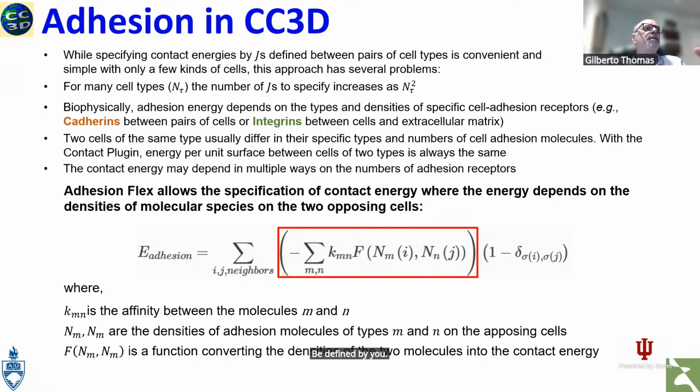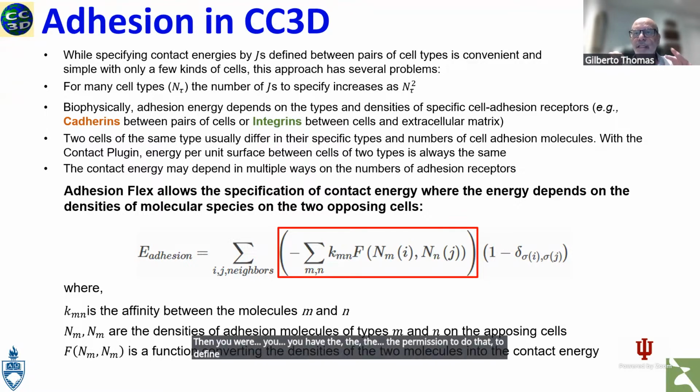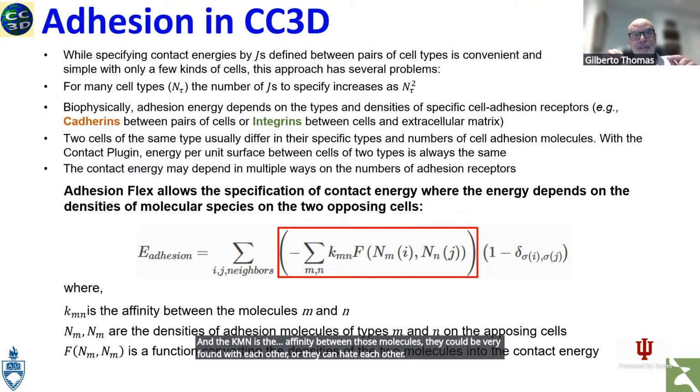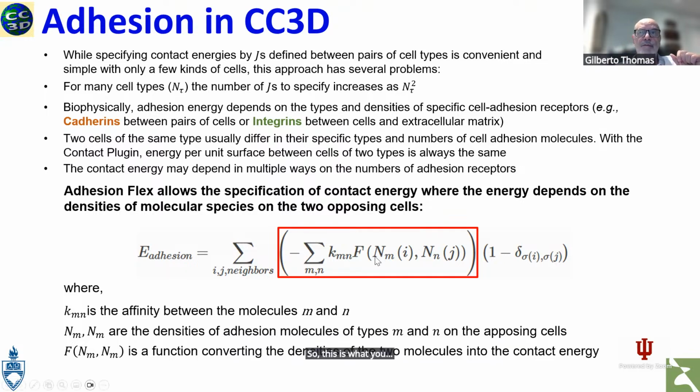You say, I want the interaction to be this way. Then you have the permission to define how is the interaction between molecule M and molecule N in different cells. Okay? And the K_MN is the affinity between those molecules. They could be very fond of each other or they can hate each other. So this is what you have to define now in this new plugin.